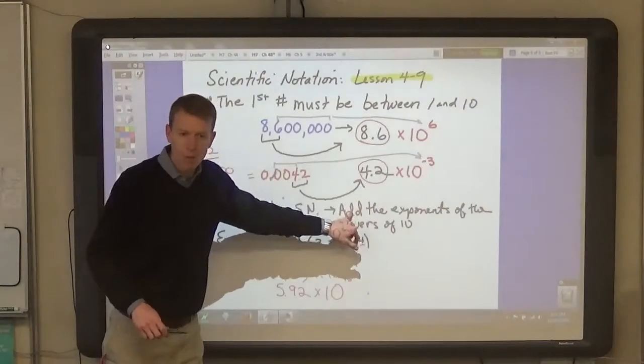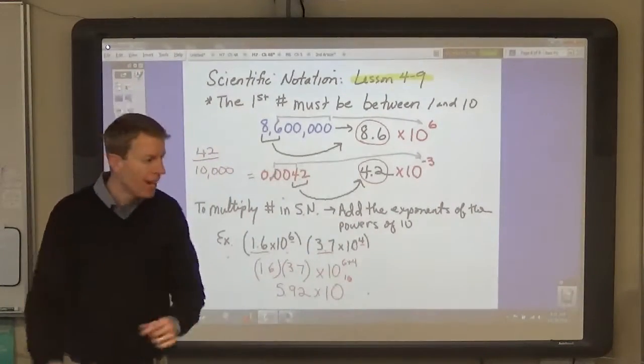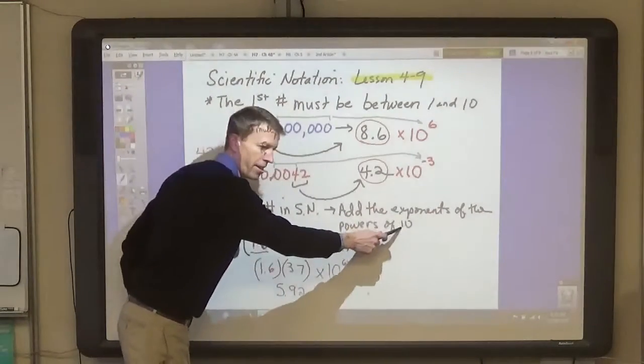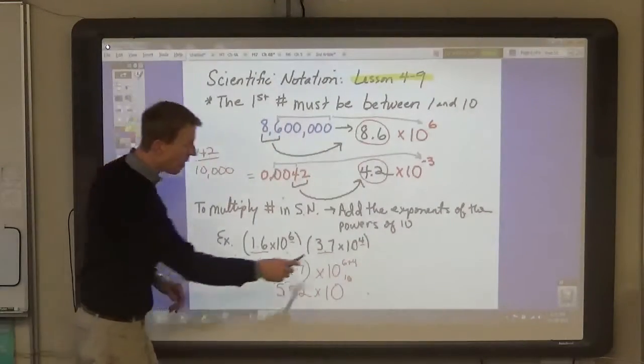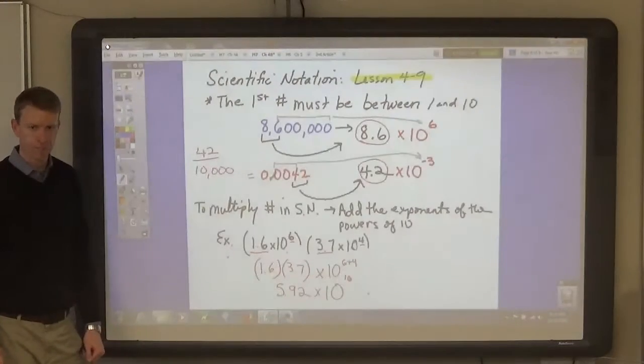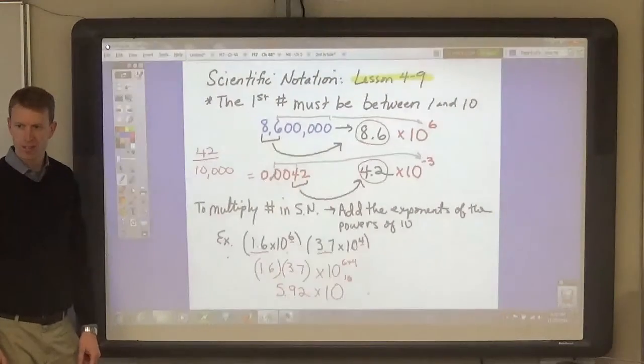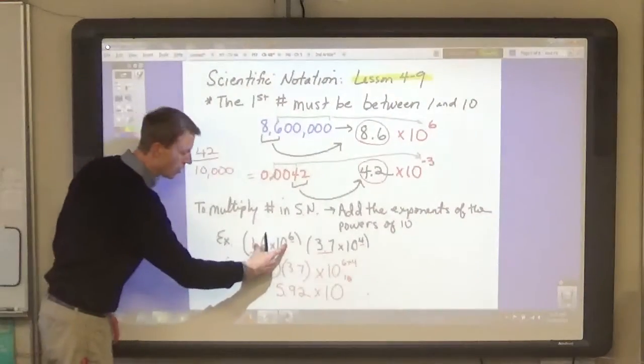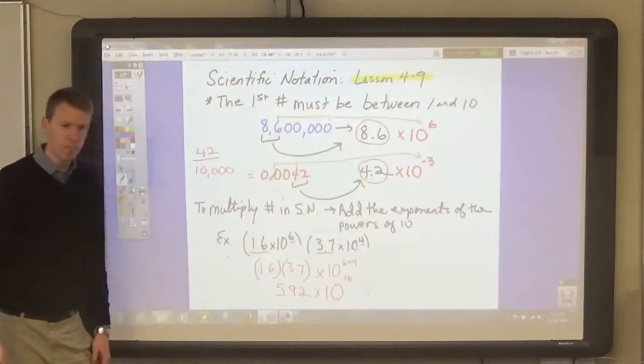You add the exponents when the numbers have the same base, and these are in base 10. So you would add the exponents to get the new exponent in your answer. Okay? And to find the answer to the other part, you just multiply the numbers.